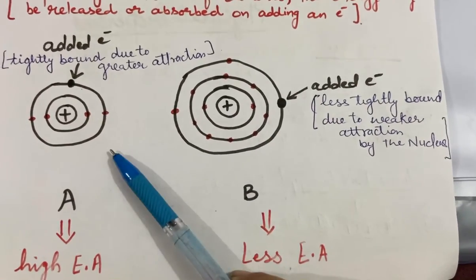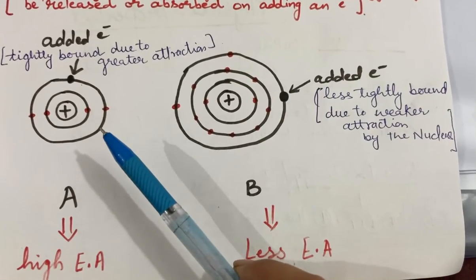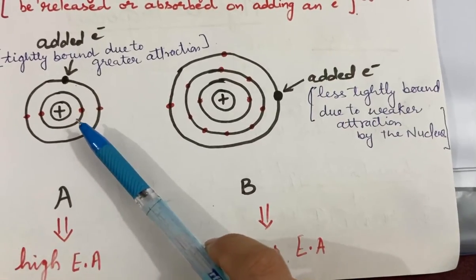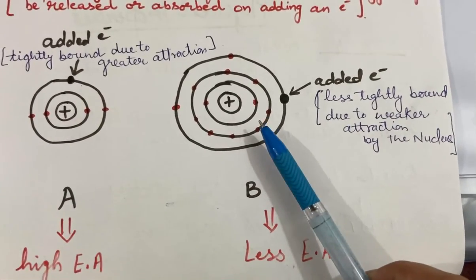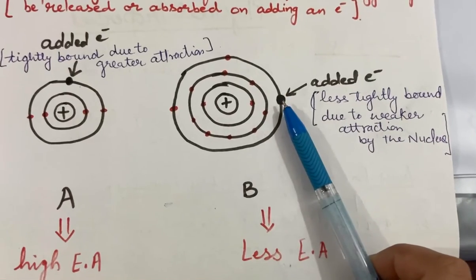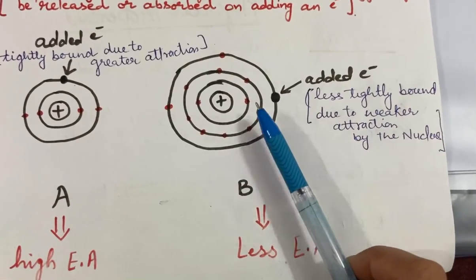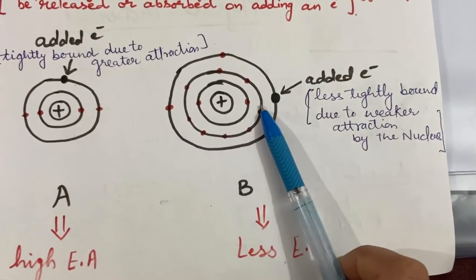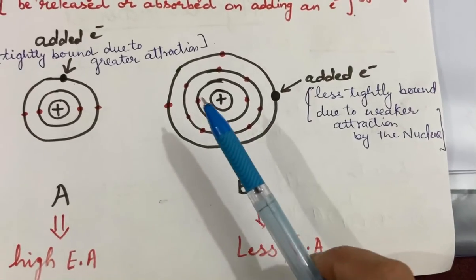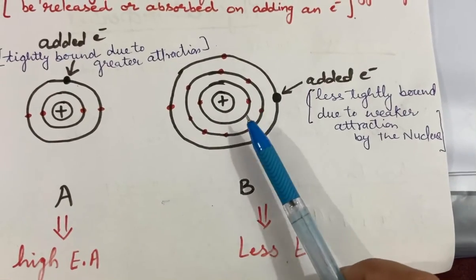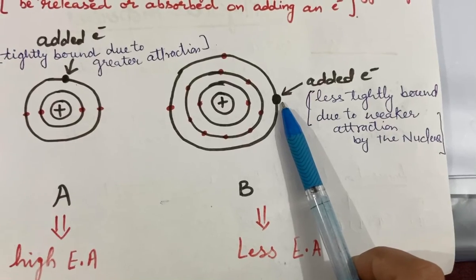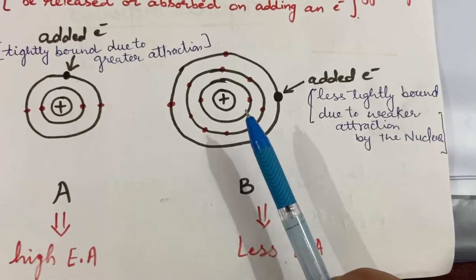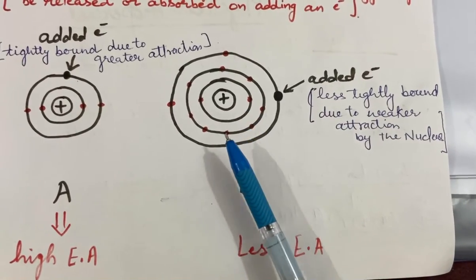So in smaller atoms, the added electron will be tightly bound due to greater attraction between the nucleus and the electron. But in a larger atom, the added electron is loosely bound due to weaker attraction from the nucleus. This weaker attraction is due to the presence of inner shell electrons which cause screening of the outer electron, or we can say due to lesser effective nuclear charge.